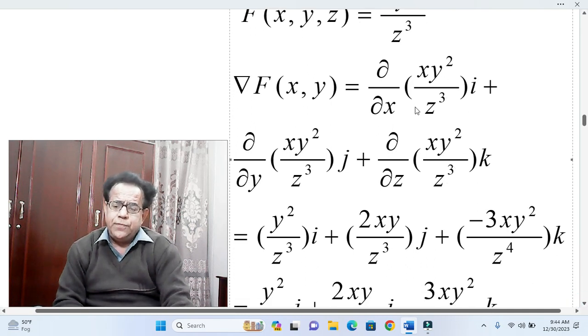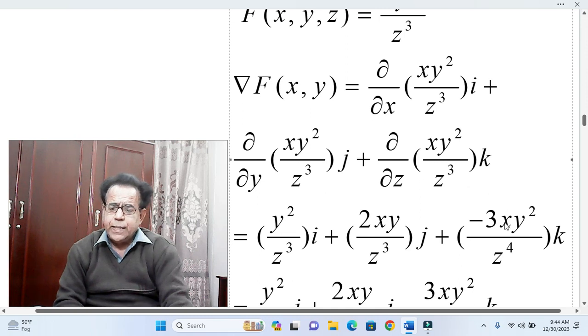Dear students, with respect to x, x will become 1 and the remaining factor will remain as it is, y square over z cube. With respect to y, 2 will come down and the power becomes 1 less, that is 2xy over z cube.